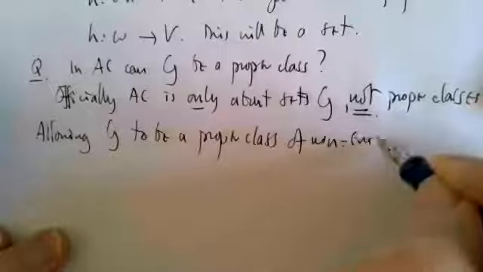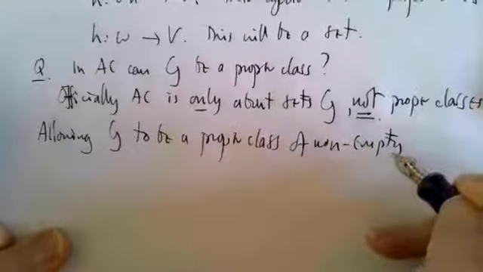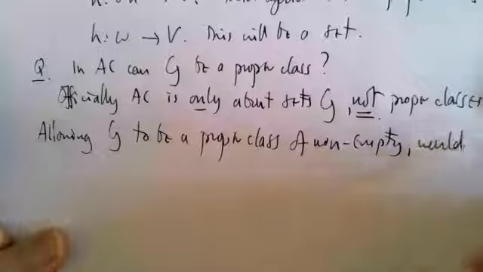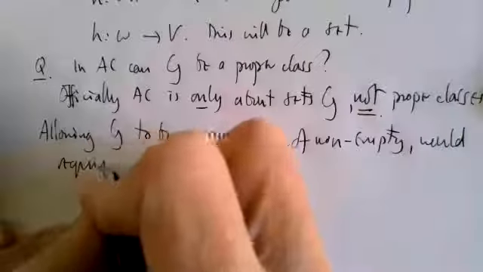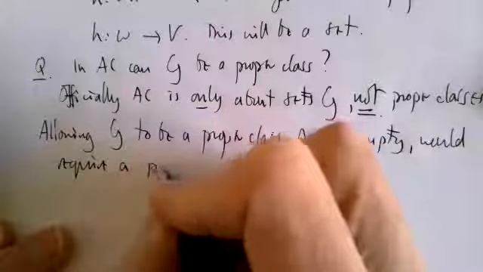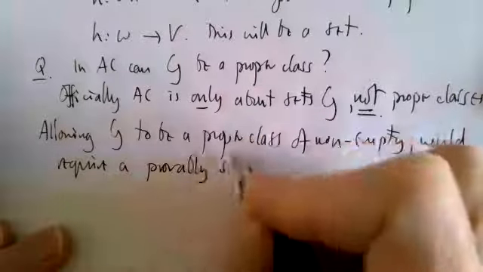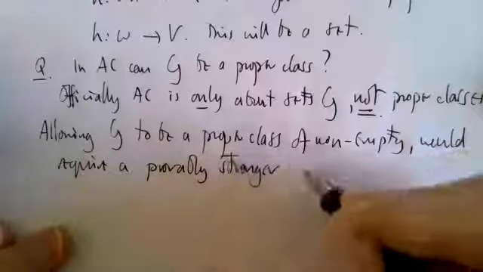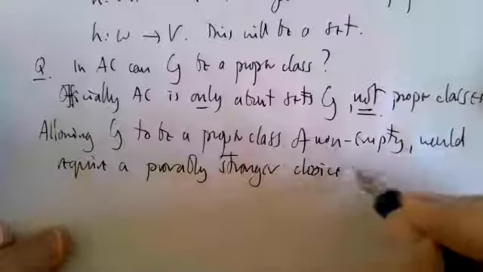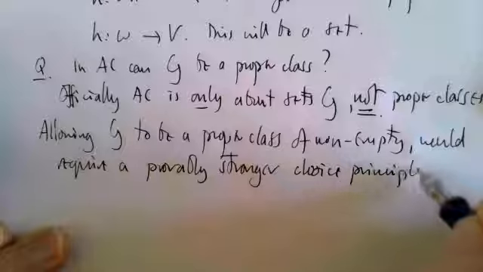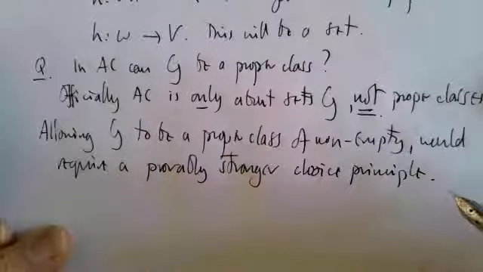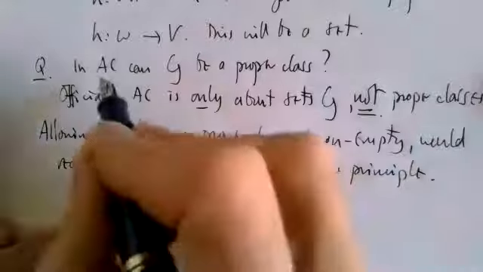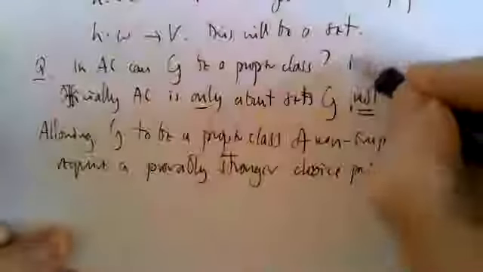Allowing G to be a proper class of non-empty sets would require a stronger choice principle. So it's a provably stronger choice principle. Okay, and that's not on the cards for this course. We're talking just about AC where G is a set. So the answer briefly is no.